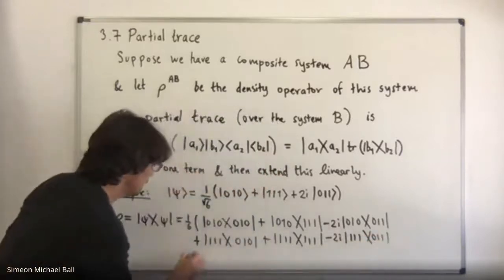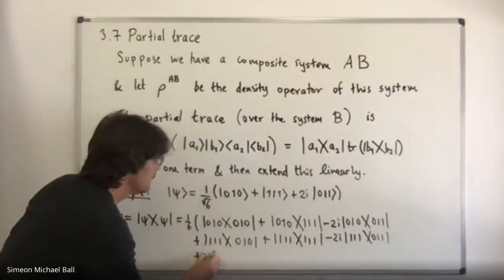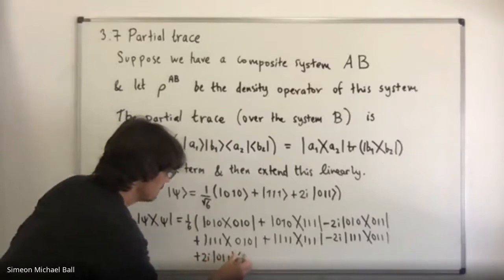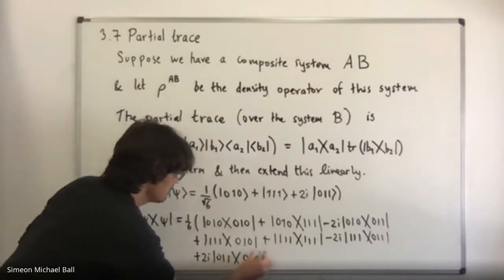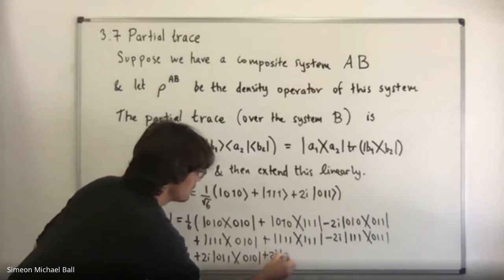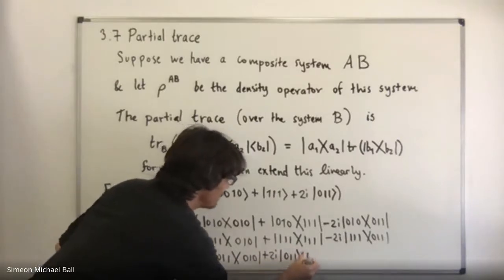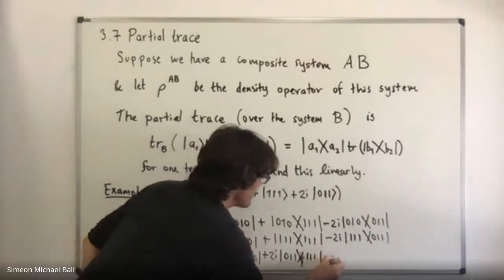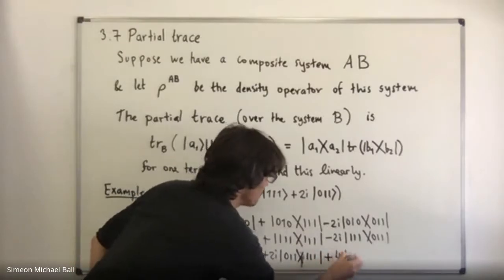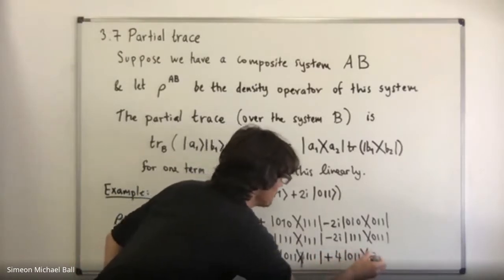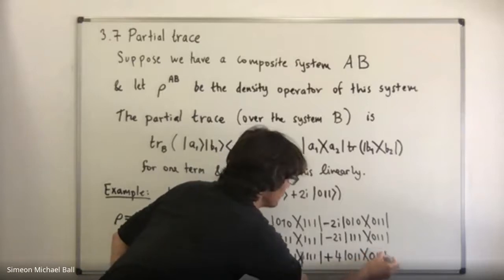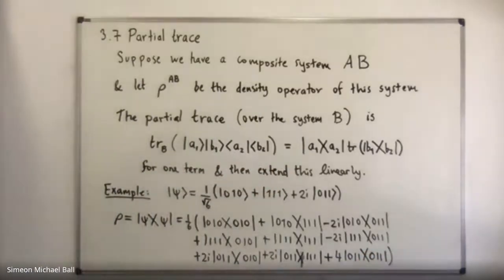And finally, the plus 2i 0, 1, 1, 0, 1, 0, plus 2i 0, 1, 1, 1, 1, 1. And that is going to be plus 4, 0, 1, 1, 0, 1, 1.